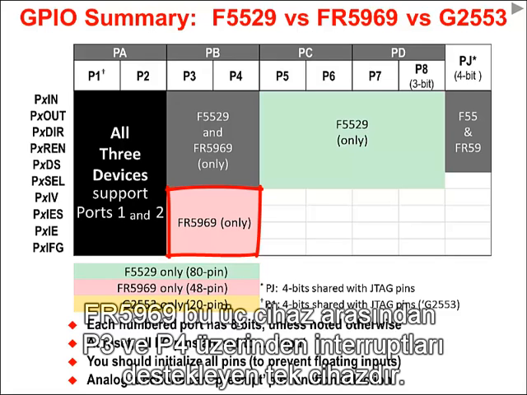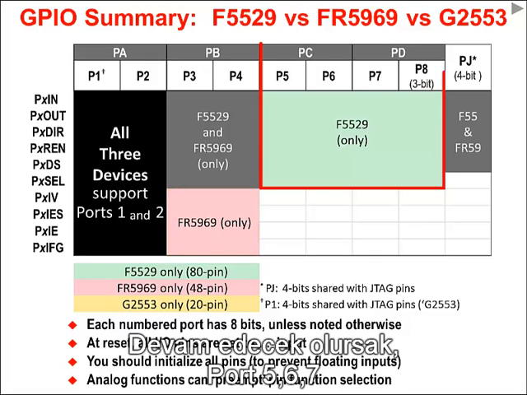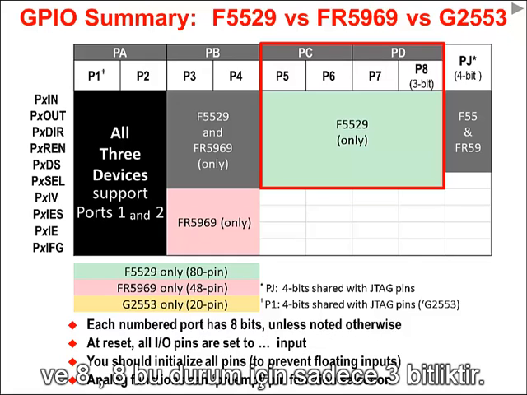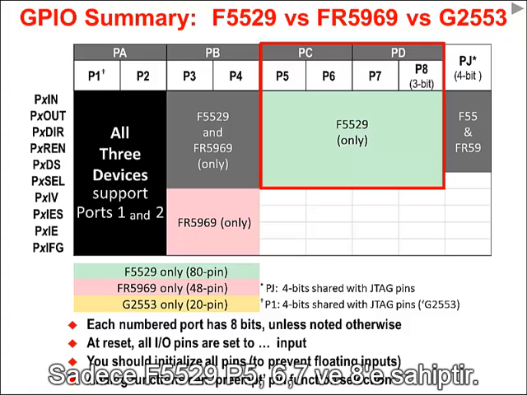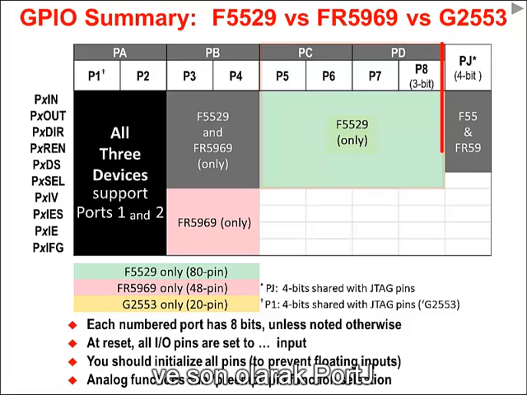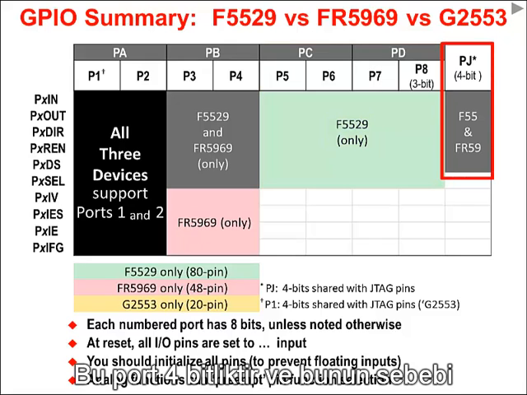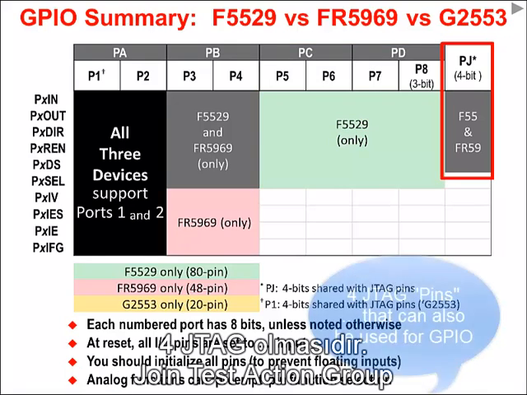The FR5969 is the only one of these three devices that supports interrupts on ports 3 and 4. Going over a little bit further, ports 5, 6, 7, and, well, 8 is just a 3-bit port in this case. Again, we're running out of pins. And the 5529 is the only one that has ports 5 through 8. And then finally, port J, it's a 4-bit port, and the reason is those are the 4 JTAG bits.